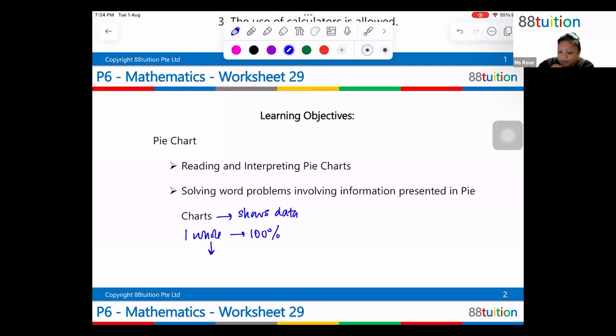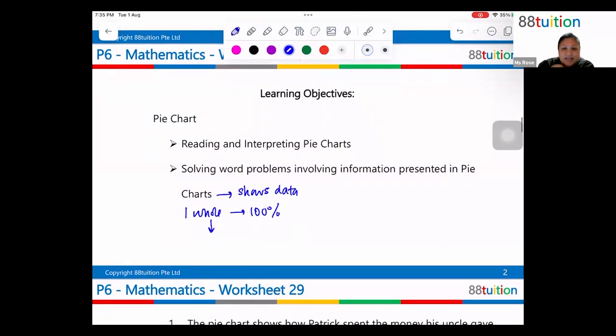Now, besides percentage as 100%, what else can I represent the pie chart in? What can the data be represented as? Fraction. Okay, so one whole of fraction, so it can be fraction over fraction, one whole. What else? It can also be in degrees, which is 360 degrees.